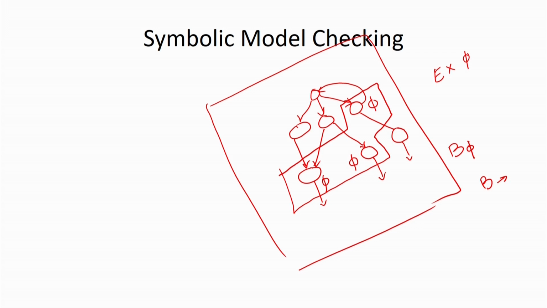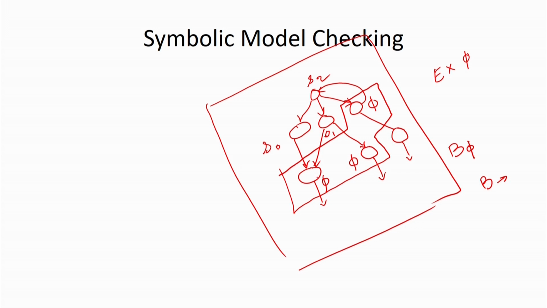It gives us the states where, in the next state, phi is true. In this case, it returns maybe S0, S1 and S2, because from these states the next state satisfies phi.